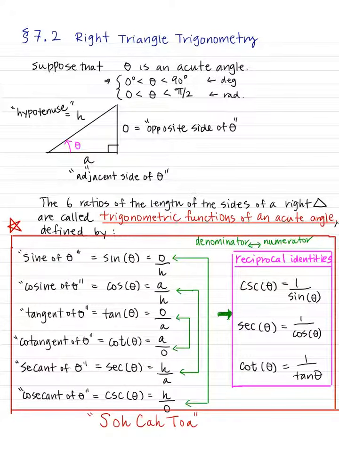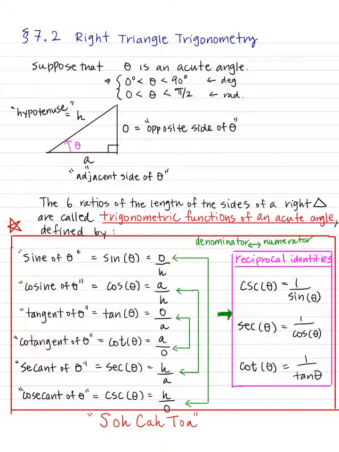Secant of theta is the reciprocal of cosine of theta, so it's hypotenuse over adjacent. And cosecant of theta, denoted CSC of theta, is the reciprocal of sine of theta. Since sine of theta is opposite over hypotenuse, it's hypotenuse over opposite.